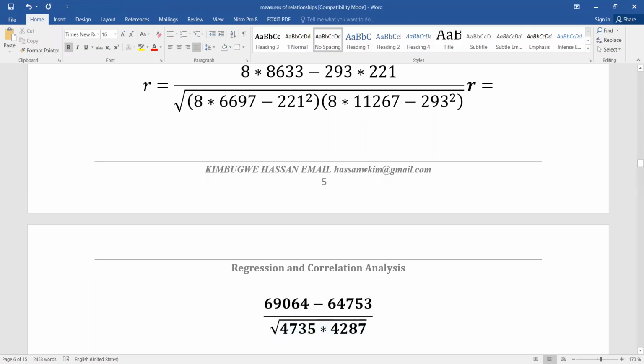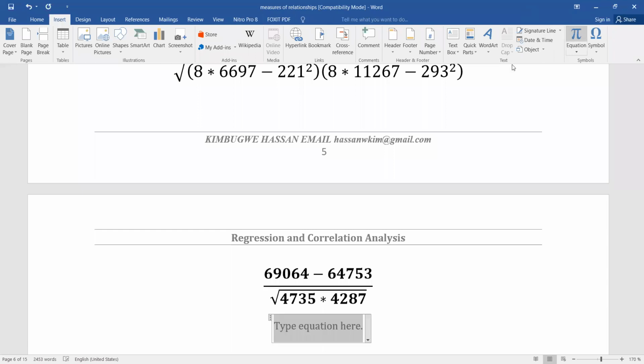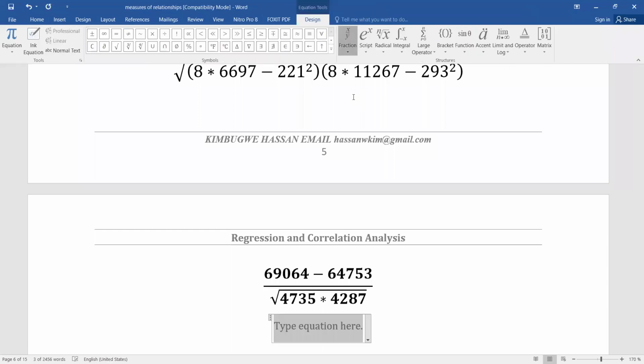4287. So we go to the last step. I press insert. I bring that. So what do we get from the numerator? 69064 minus 64753, you get 4311.